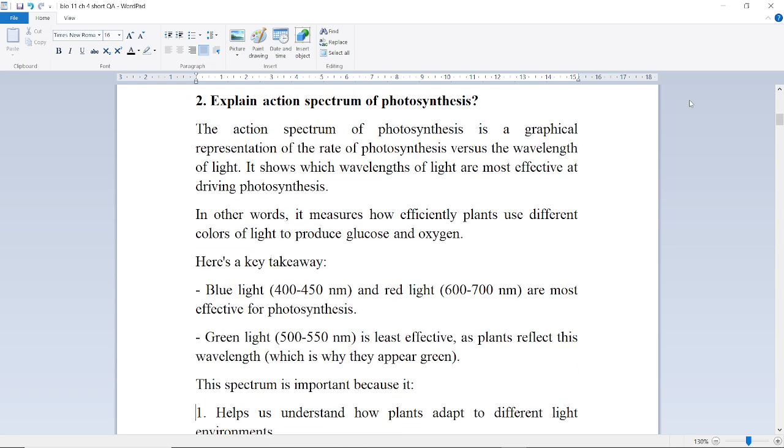The action spectrum of photosynthesis is a graphical representation of the rate of photosynthesis versus the wavelength of light. It shows which wavelengths of light are most effective at driving photosynthesis. In other words, it measures how efficiently plants use different colors of light to produce glucose and oxygen.